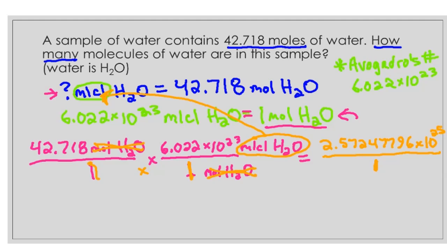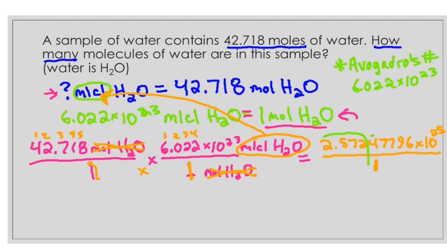So now we need to count sig figs so we know how short to round this answer. This one is 1, 2, 3, 4, 5 sig figs. And this number is 1, 2, 3, 4 sig figs. So we're going to round this to 4 sig figs. If we round it to 4 sig figs, that's 1, 2, 3, 4.